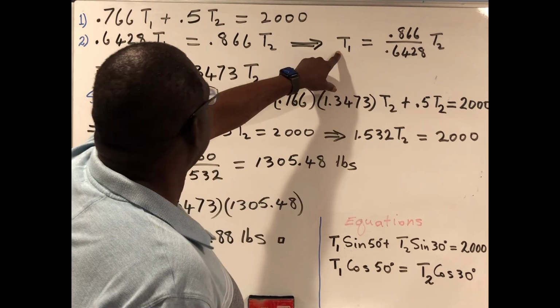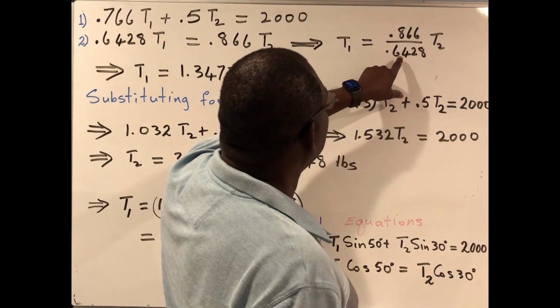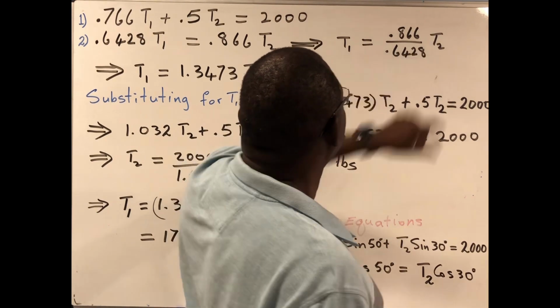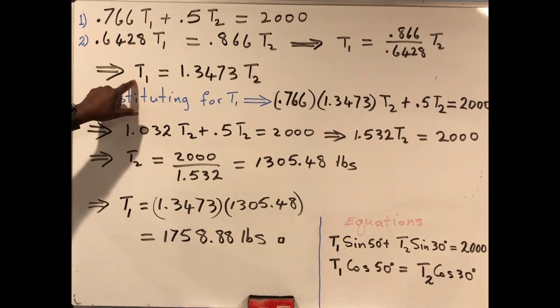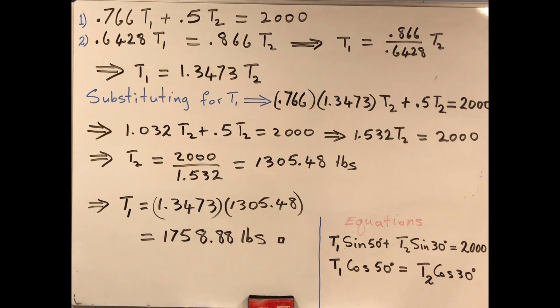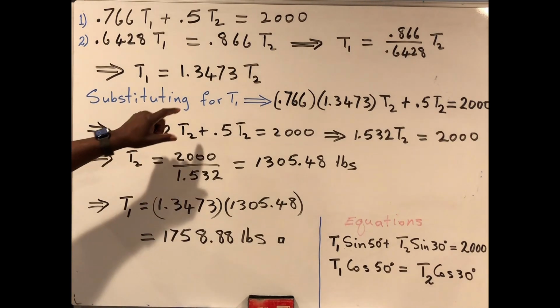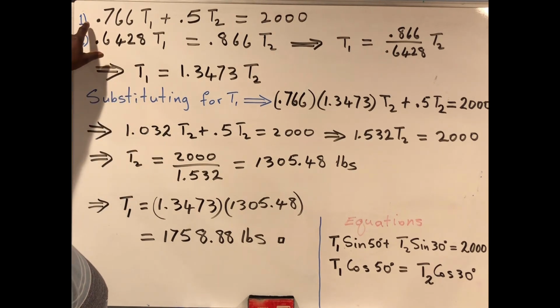From this, express T1 to be equal to 0.866 divided by 0.6428 times T2. And from that, we obtain T1 as 1.3473 times T2.